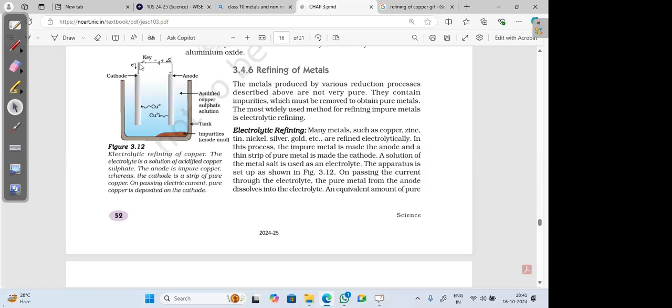This one is the cathode connected to the negative terminal. It shows the flow of copper ions from the solution onto the cathode, as well as the copper ions moving from the anode into the solution.